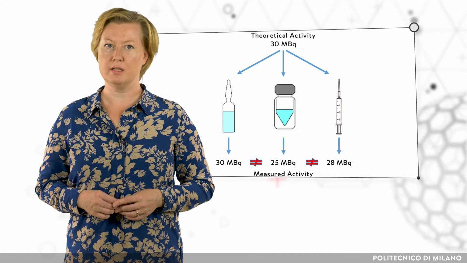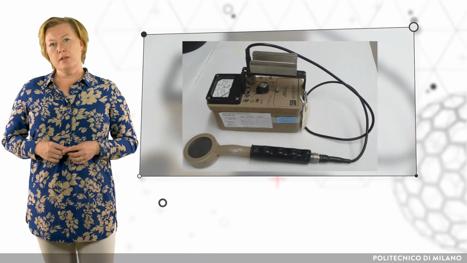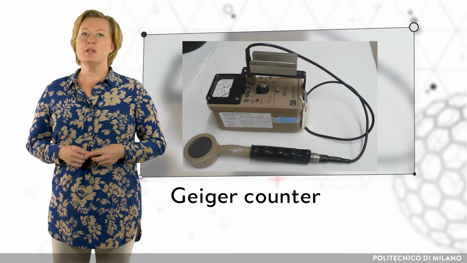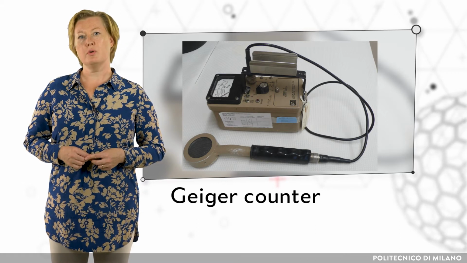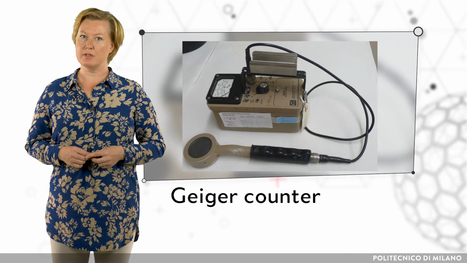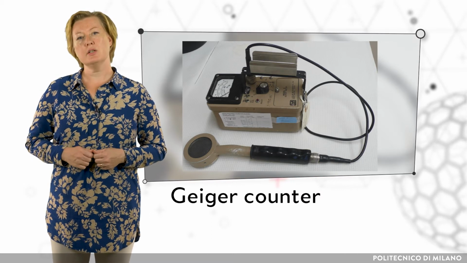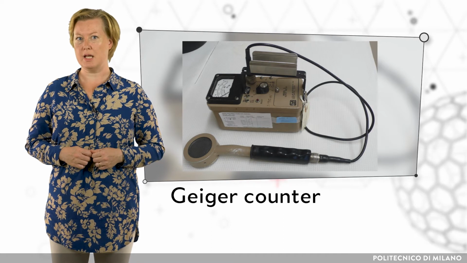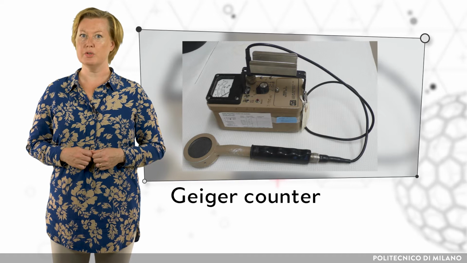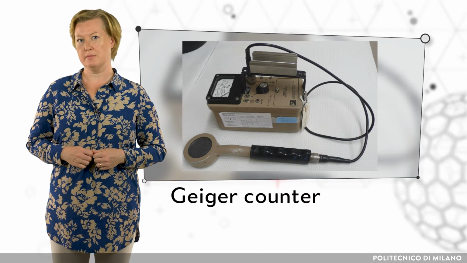especially for electron emitters. In the nuclear medicine department, other instruments, such as the Geiger counter, are used for monitoring activity levels in areas. Radiochemists use it to frequently survey their gloves while handling radioactive samples to avoid contamination through their gloves.